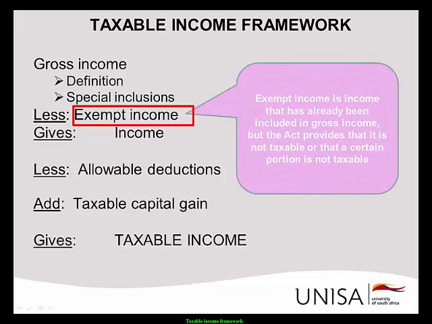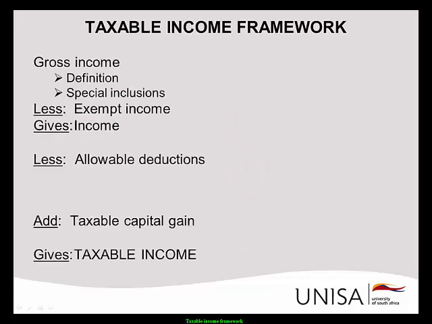We can't just deduct an amount because Section 10 says that an exemption exists. The total that you calculate at this point is referred to as income. It's important to know this, as some of the deductions are based on a percentage of income, and it's this defined term of income that the Income Tax Act is referring to.